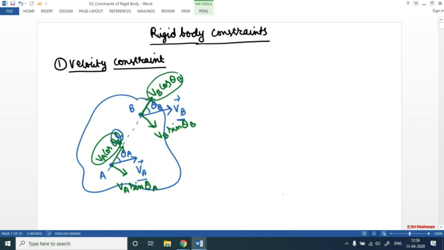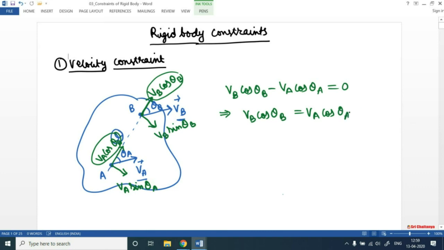That simply means that the velocity of point B with respect to point A along the line of separation would be simply VB cos theta B minus VA cos theta A, that is going to be 0, since along the line of separation, the separation is not changing. So that simply gives us VB cos theta B is equal to VA cos theta A. This is the velocity constraint relationship.